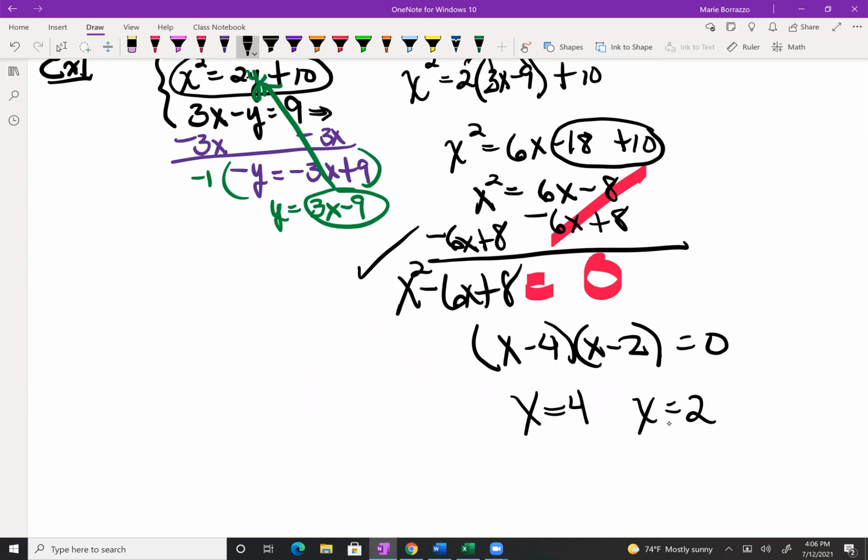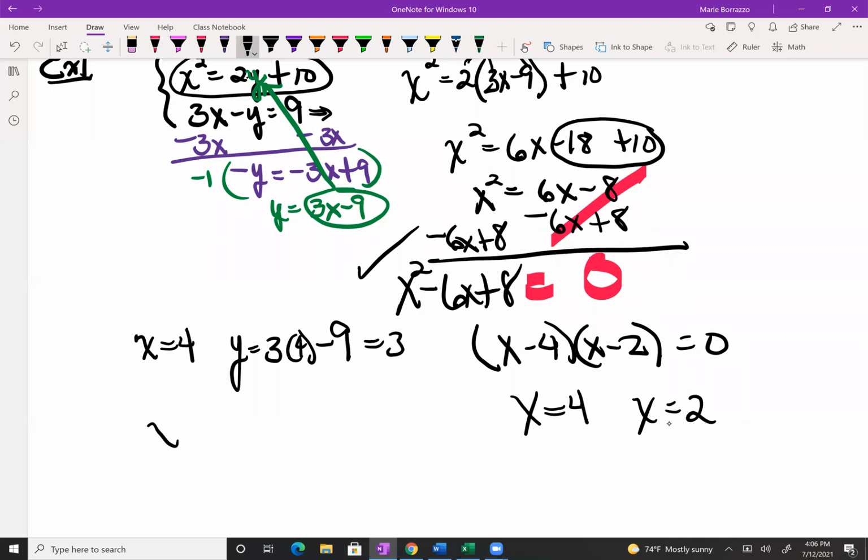So if I take these two values and plug them in, I need to figure out if this is actually a solution. So I know that when x is equal to 4, y is equal to 3 times 4 minus 9, and that equals 3.